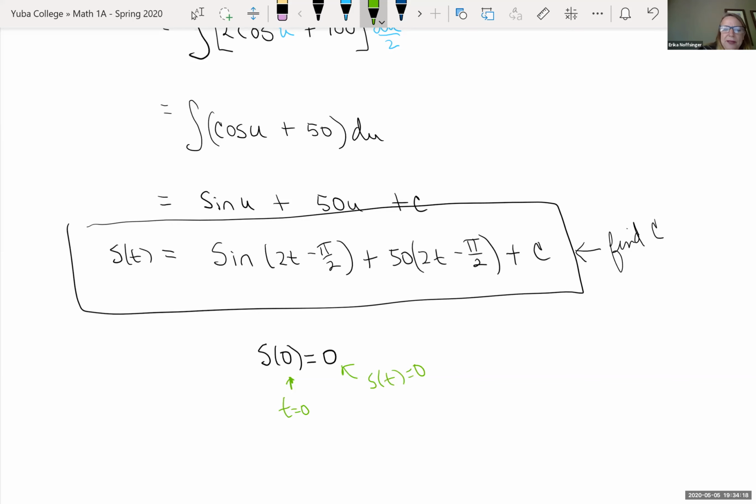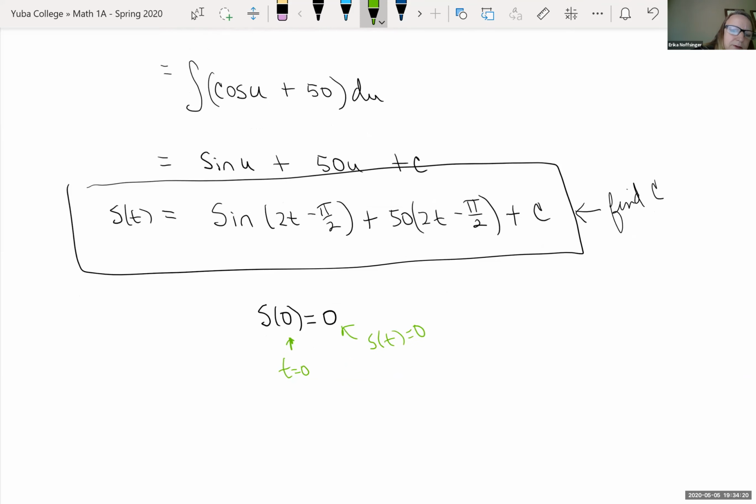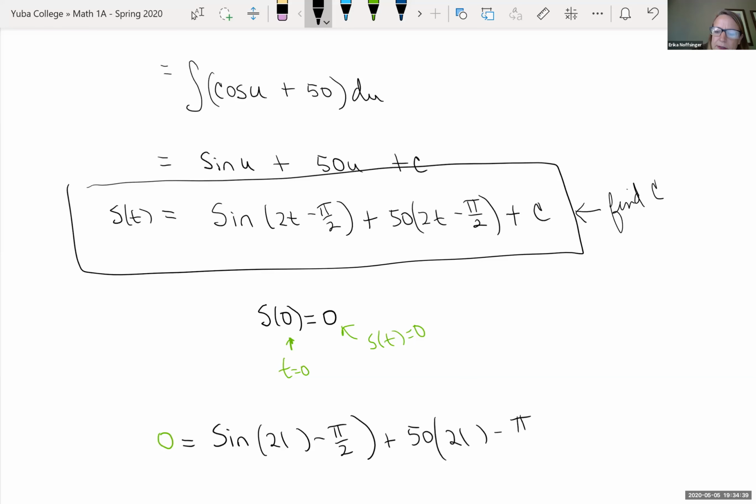So let's go back and plug in. So s of 0 is equal to sine of (2 times 0 minus pi halves) plus 50 all times (2 times 0 minus pi halves) plus c.